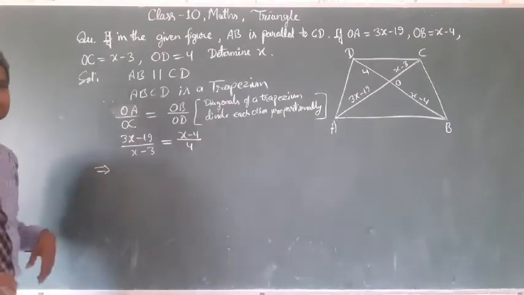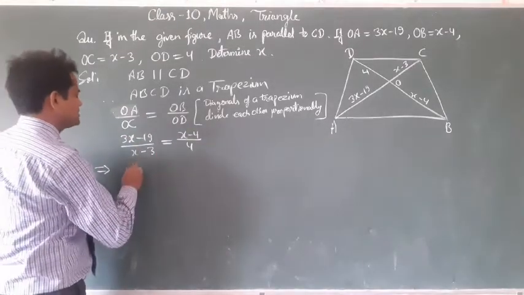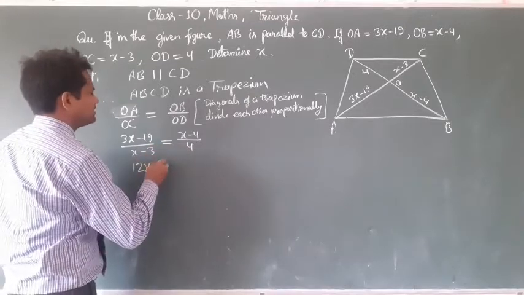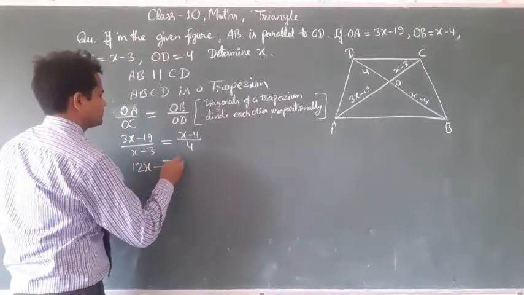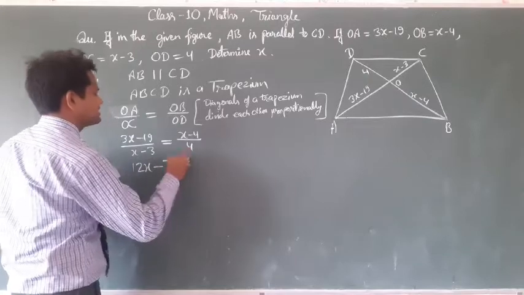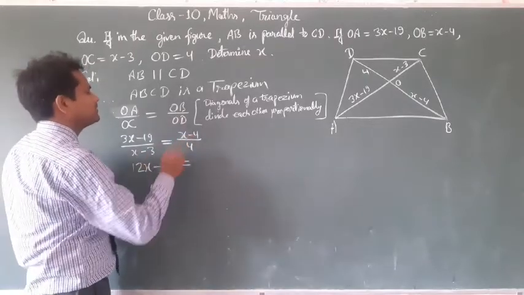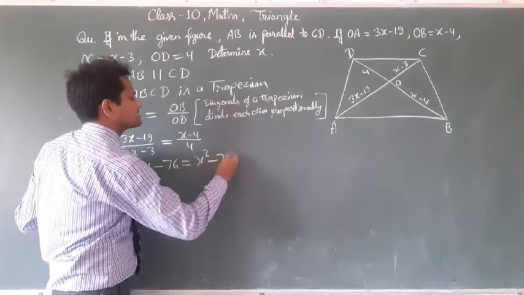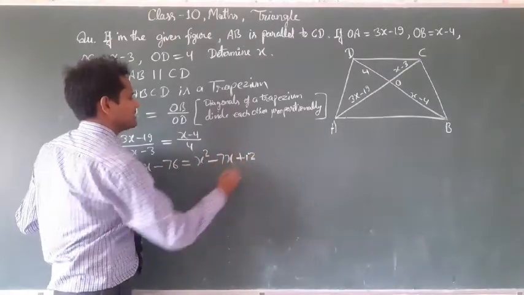Now solve this equation. 4 times 3x is 12x, 19 into 4 is 76, and x minus 3 multiplied by x minus 4 gives x square minus 7x plus 12.